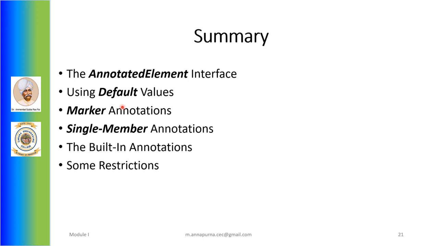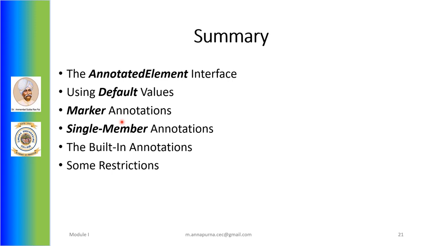Next, under using default values, we have learned that we can give annotation members default values just by adding a default clause to a member's declaration, and that value will be used if no value is specified for the annotation member when the annotation is applied.